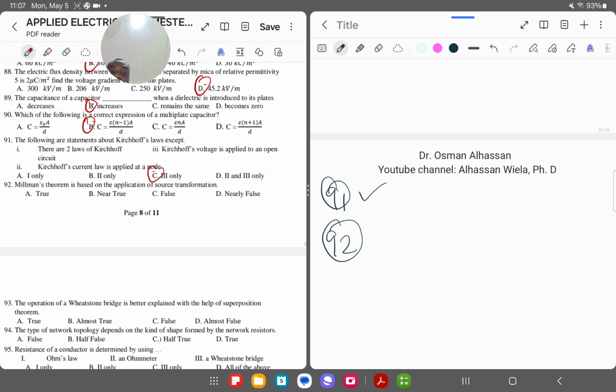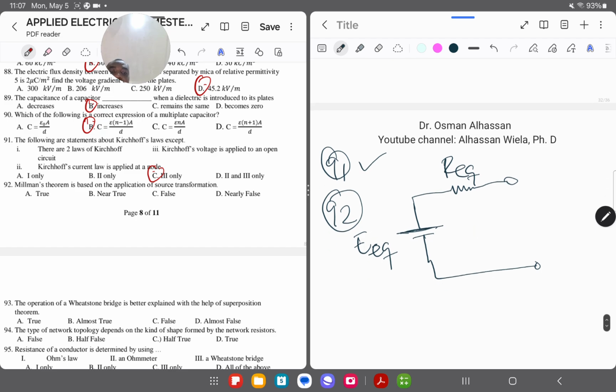Millman's equivalent circuit, which is going to be an equivalent voltage in series with equivalent resistance. This is Millman's equivalent circuit.